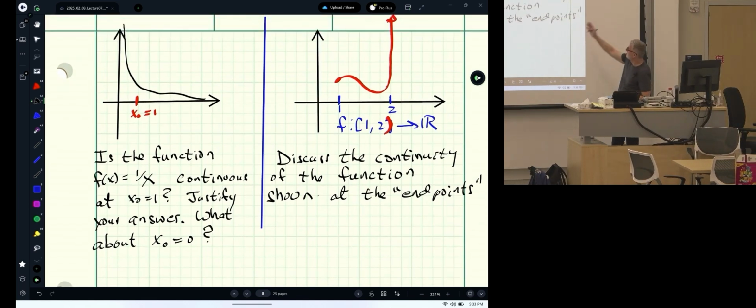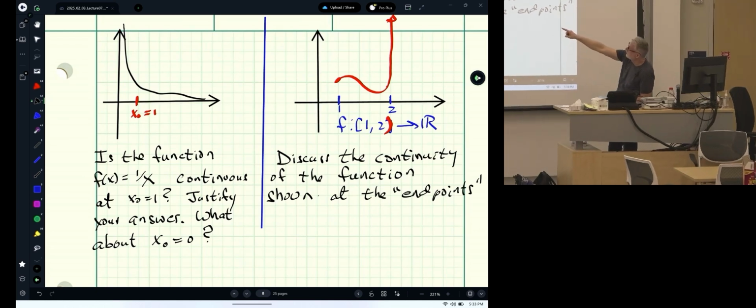So we're interested on the right in whether it's continuous at the points 1 and 2, and I've excluded 2 from the domain. And then over here, we're looking at x0 equals 1, and then x0 equals the origin.